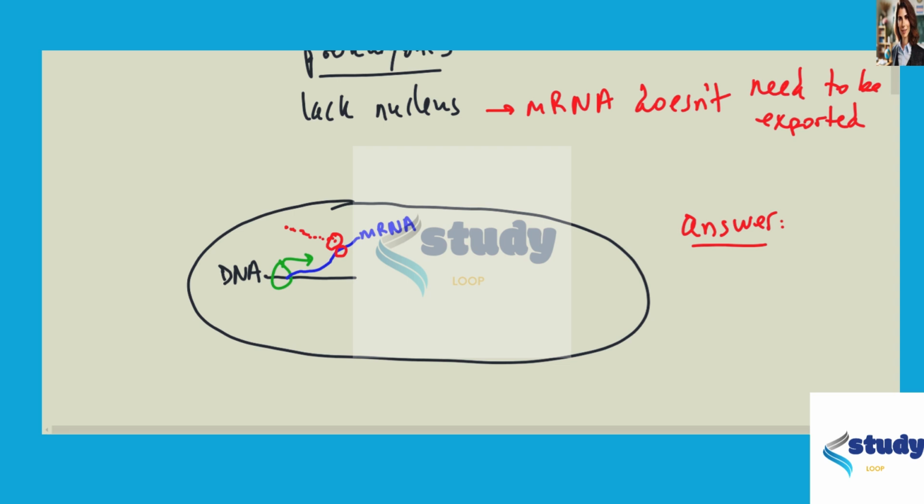These termination sequences are going to cause that hairpin loop to form. But the difference here is that eukaryotic transcription and translation cannot take place at the same time because the mRNA has to be exported. So that's your answer.